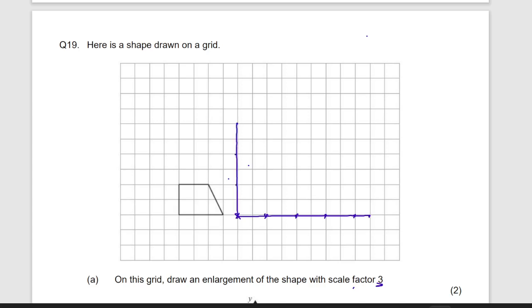And instead of being 2 squares across, it's going to be 6 squares across again. And then I join the final 2 points up, and that's my enlargement.